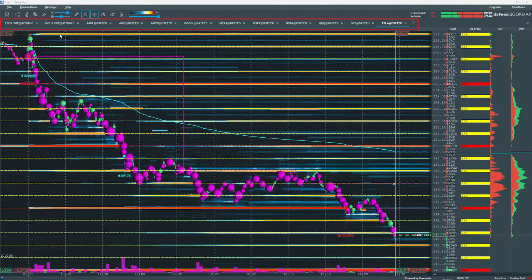ES, NQ for futures, and then these are the large cap tech stocks, the Magnificent 7 plus AMD, and then also I have SPY and QQQ on there. So I pretty much stick to these instruments for trading. Large cap tech, and then the S&P 500 and NASDAQ.